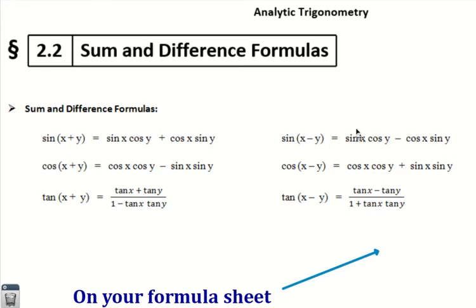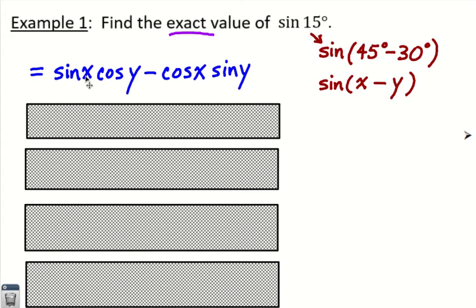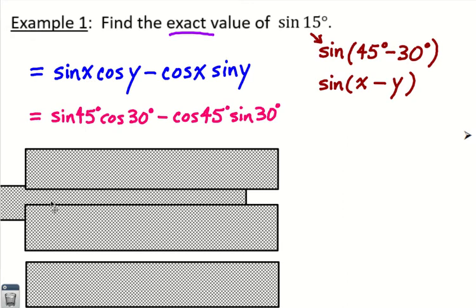So I can change it to this other side. We said x was 45 degrees and our y we're calling 30 degrees, and so we get to here. Okay, now we're really making some progress, aren't we?